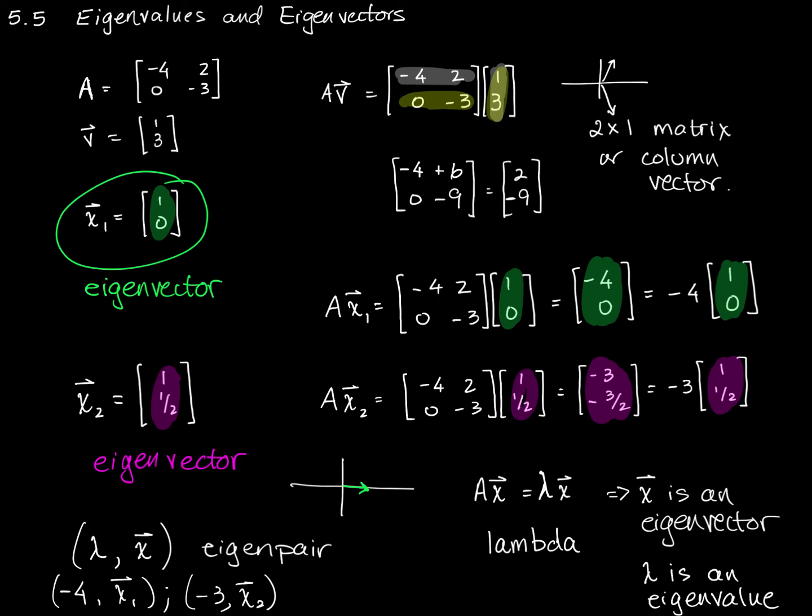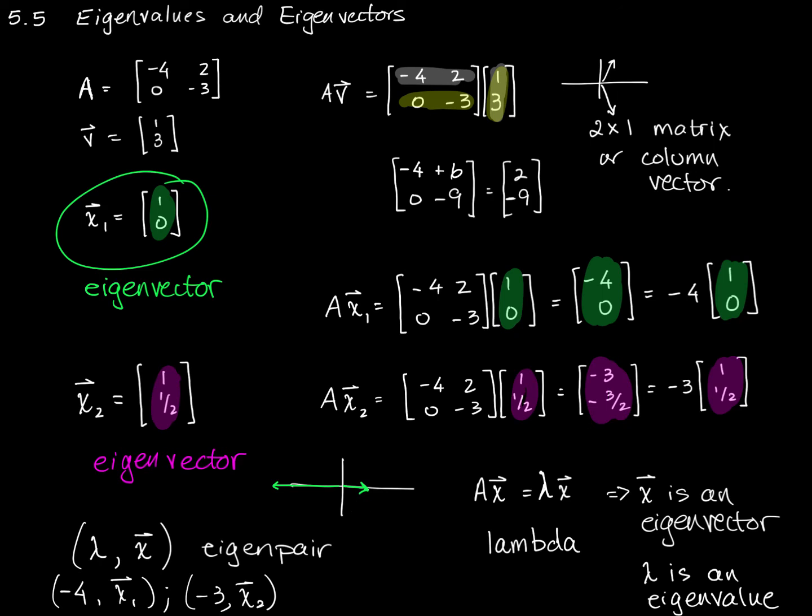It is back here. Although it's negative, it's just a scalar. So apart from the negative sign, we can say they're going in the same direction. If we're talking about velocity, then this vector shows negative velocity, where this one shows positive velocity. So we're going in the same direction, and that is what an eigenvector does.